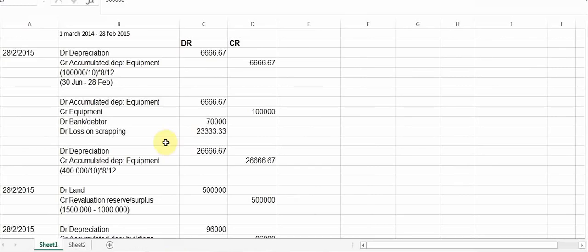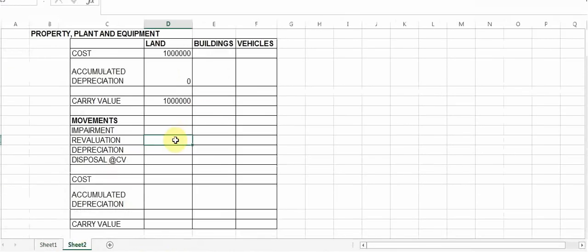So the revaluation that we've measured was 500,000, which gives us then an ending value of 1.5 million. Since the depreciation is 0, the carry value together with the cost price will be indicated as 1.5 million. This is quite straightforward.